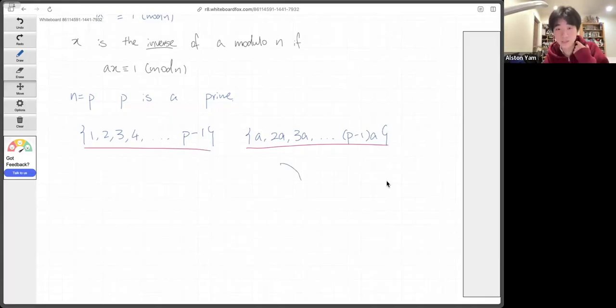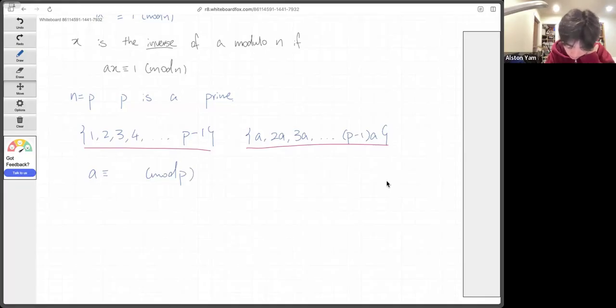What does that mean? It just means that every number in the second set will be equal to exactly one number in the first set. So let's take a. If we take it under mod p, a will be congruent to something. I don't know what that is just yet.